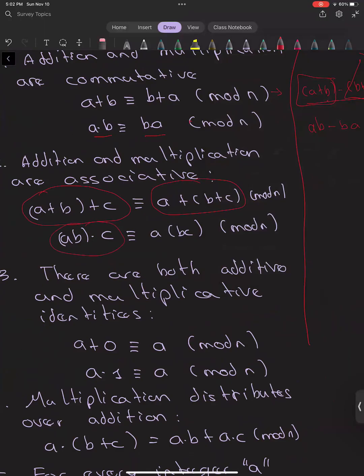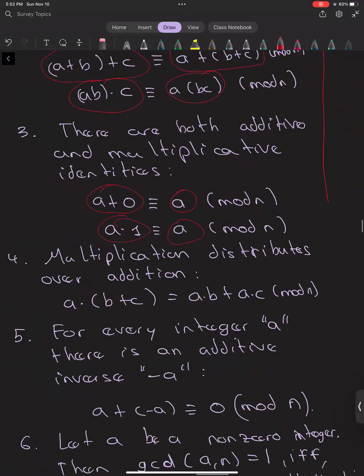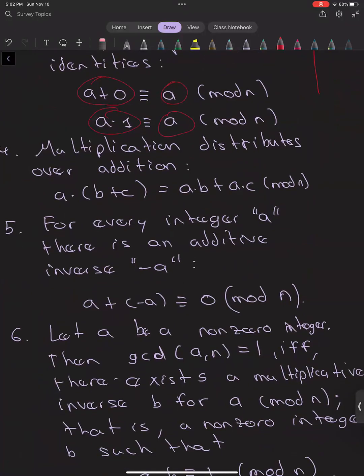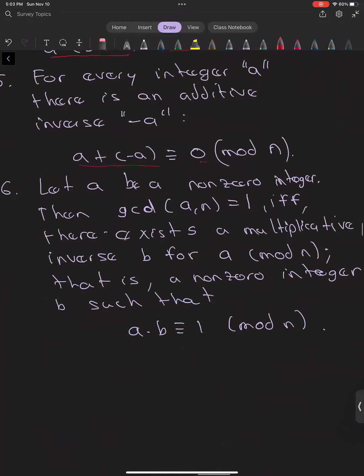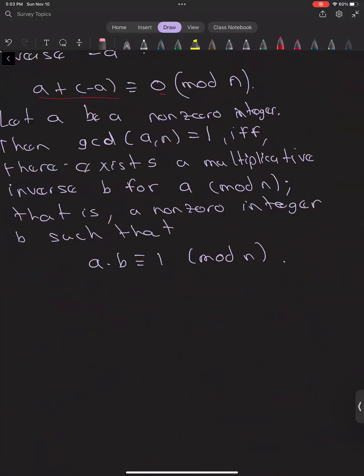Same thing here, same thing here. All these properties are coming from the integers, so all this is true too. And then this one is probably the only interesting one.